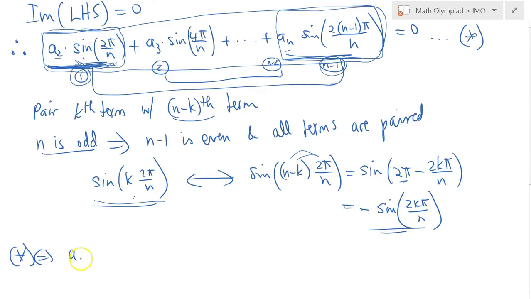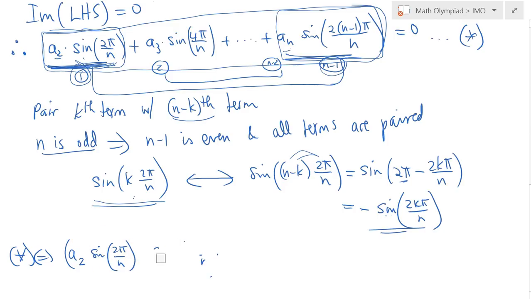I have A2 minus A sub n, and they both have this. Let me do it in 2 steps. This is just A2 sine 2 pi over n minus an sine, does that make sense? We will have this guy, but k is 1 in this case, 2 pi over n. The sine 2 pi over n are common, so I can factor it out.